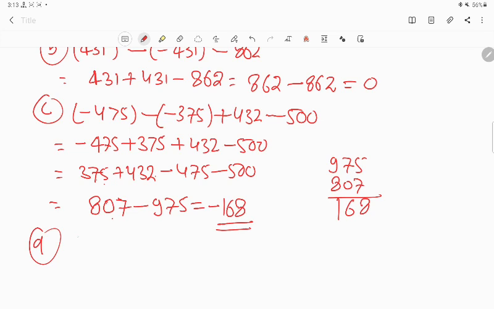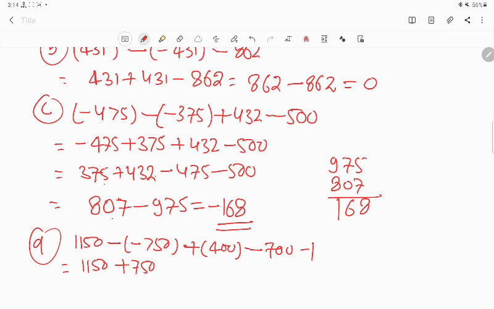Question number D: 1150 minus, in common bracket, minus 750 plus 400 minus 700 minus 1. Now that is 1150 plus 750 plus 400 minus 700 minus 1.